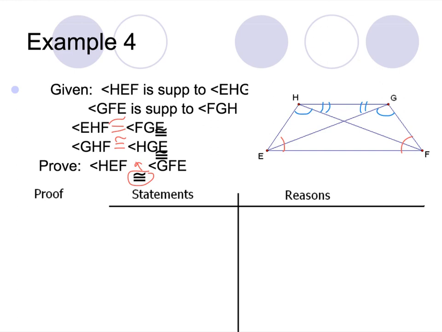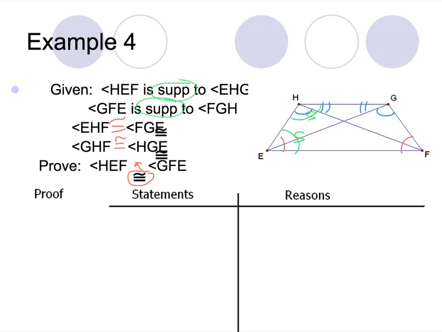Then I've got this whole supplementary business. I'm going to put that in green. Now, this isn't necessarily official notation, but I'm going to do it anyways because I'm a make-my-own-rules kind of guy. I live a pretty rogue lifestyle, if you will. So HEF, I'm going to put an S there, to HEF and then EHG, which is this guy right here.